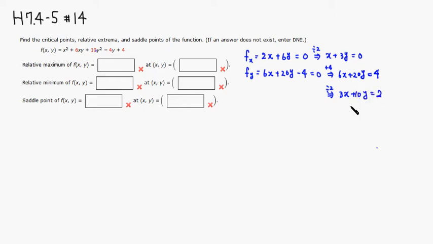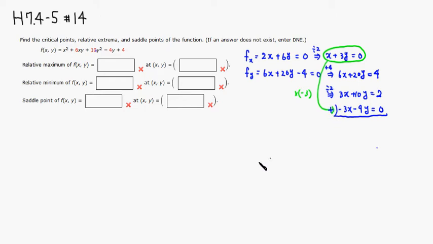Let's multiply the first equation by negative 3. Then you get negative 3x minus 9y is equal to 0, since 0 times negative 3 is still 0. That way I can just add them up to get rid of x.